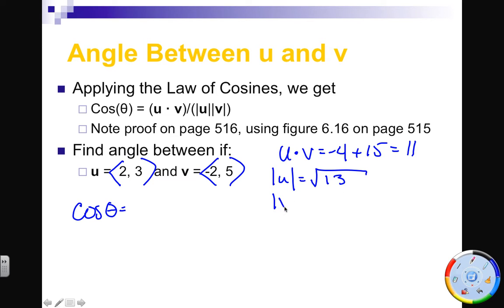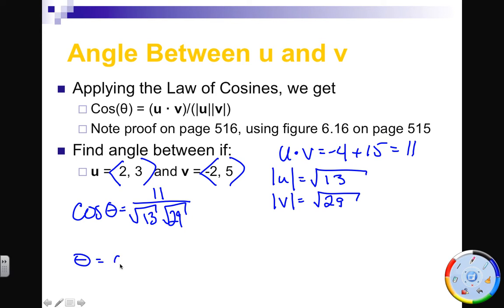And I need to find the magnitude of v, which is the square root of negative 2 squared, which is 4, and 5 squared is 25, so 29. And that means I can now plug these things in. So cosine theta is going to be 11 over the square root of 13 and the square root of 29.